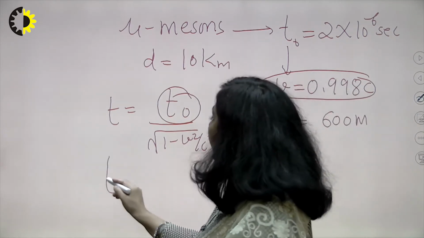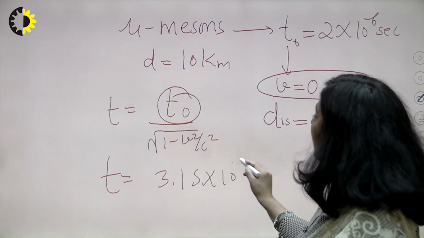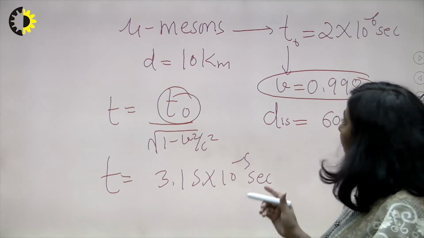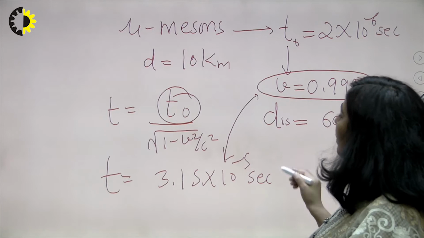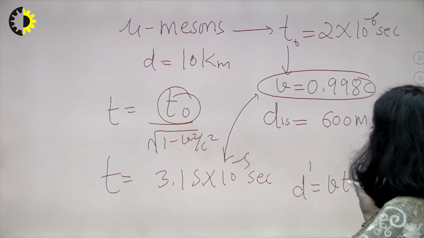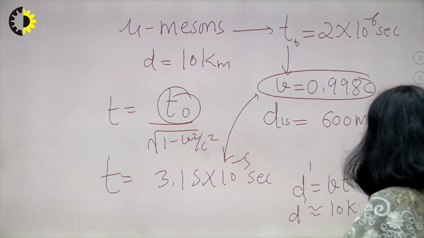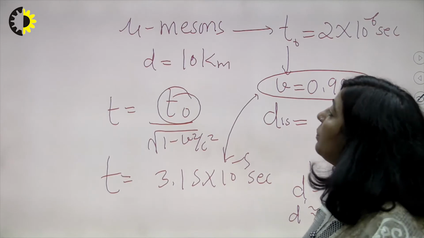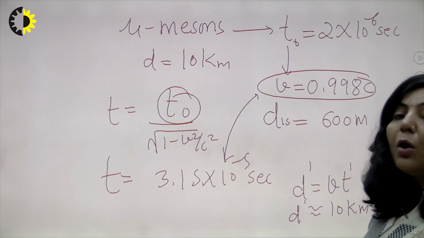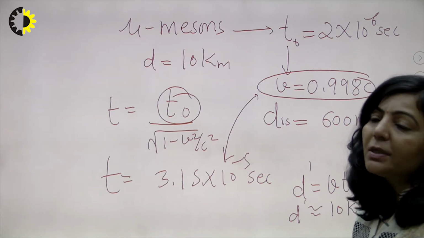If you calculate this lifetime, it is approximately 3.15 into 10 raised to power minus 5 second. Now in this dilated time, with this much speed, if you calculate the distance traveled by these particles, it is approximately 10 kilometers. So the presence of these mu mesones at the surface of Earth is a justification of time dilation, or in other words, time dilation is a real effect.